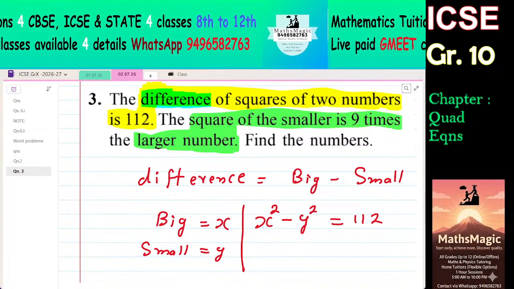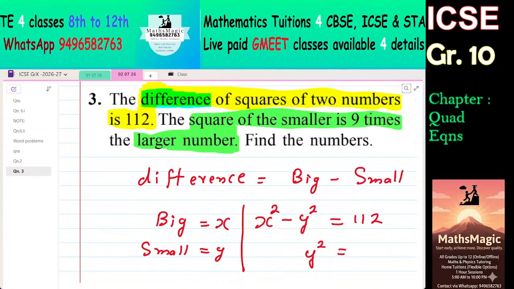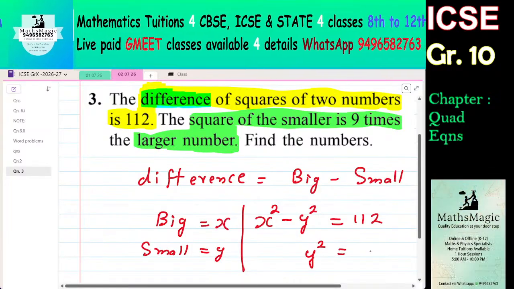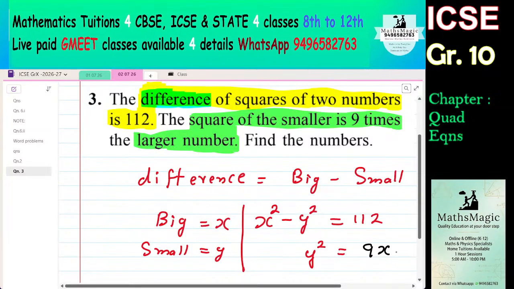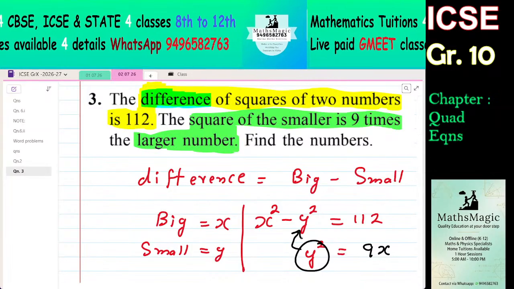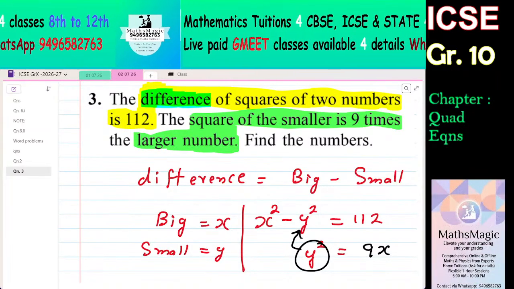So square of the smaller means y squared equals 9 times the larger. And now you can easily put it here. x squared minus 9x equals 112, and solve it.